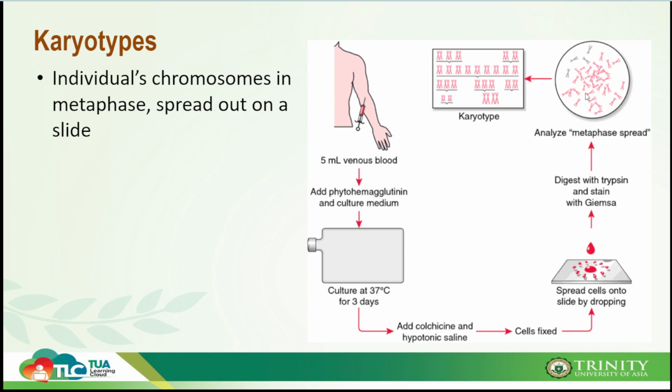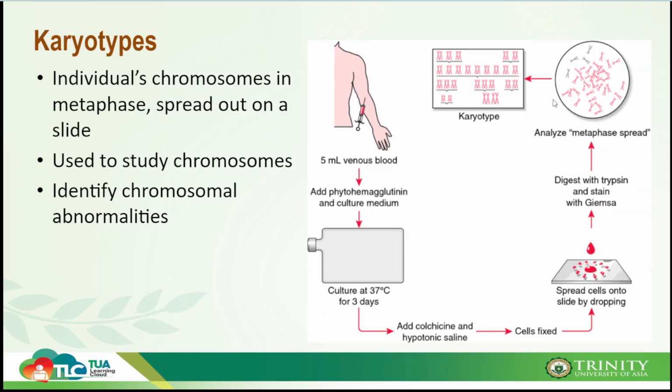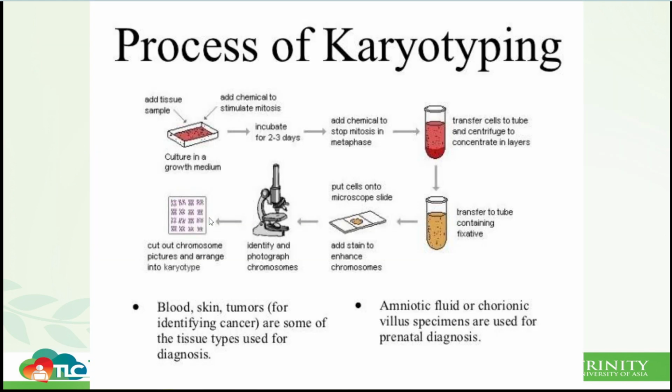And then usually what scientists do, they print out a copy of the image and they cut out or pinaprepare nila yan. So a karyotype or this image is used to study chromosomes and to identify chromosomal abnormalities. So dyan natin nalalaman kung sobra ba yung chromosome 21, may kulang ba, may naputol ba, etc.